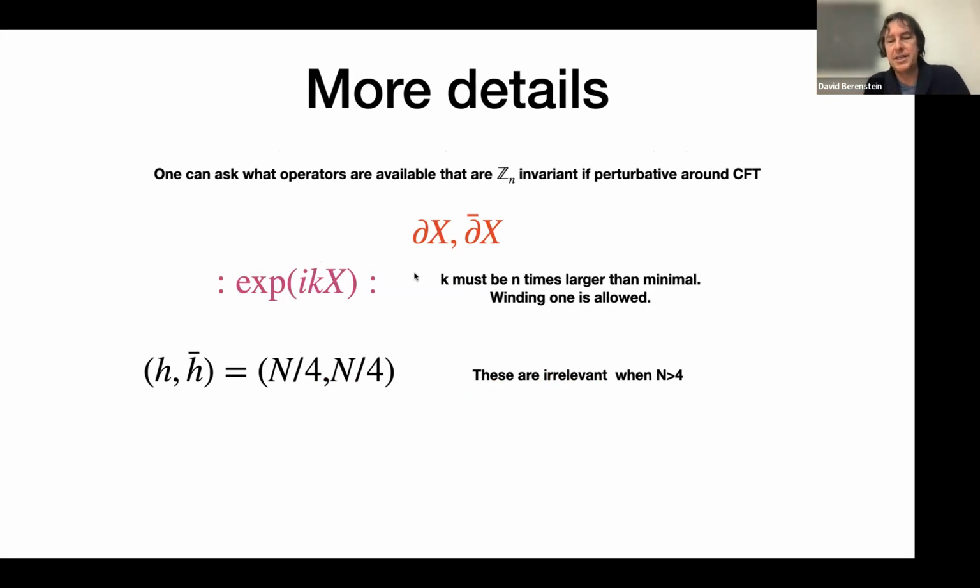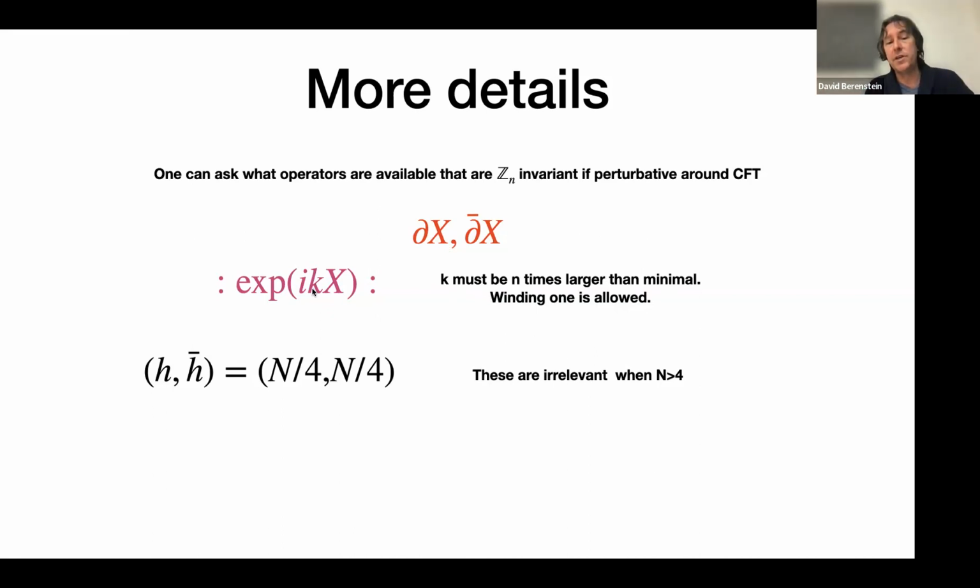It turns out that the Zn symmetry ends up being embedded into little k, the vertex operators of the usual U1 theory. k must be n times larger than the minimal value for momentum, and winding one is allowed. So the statement is that the Zn invariant states are the ones that have momentum which is n times larger than usual.